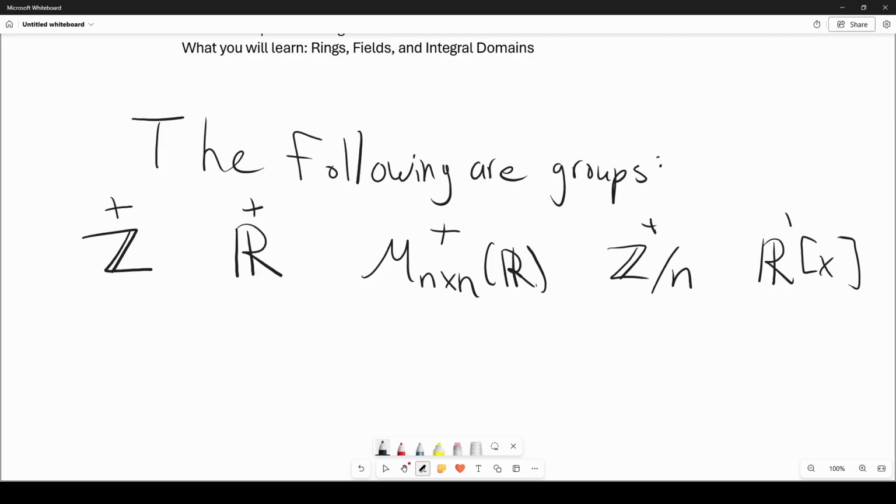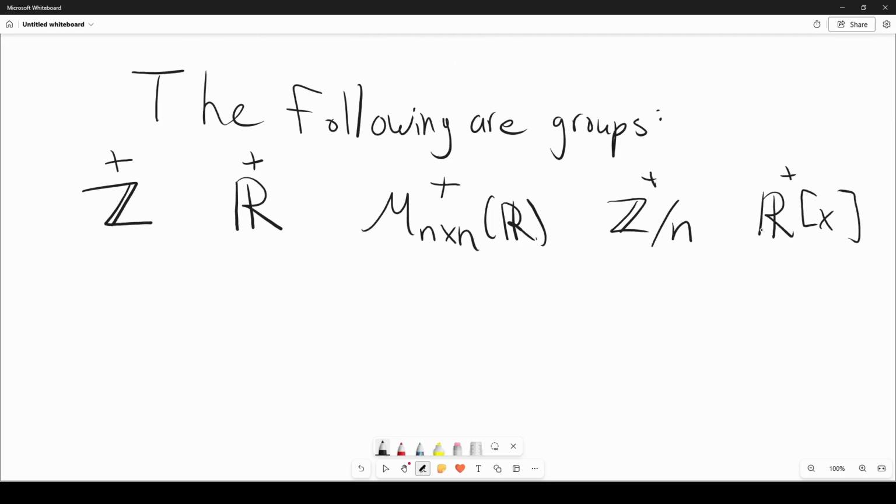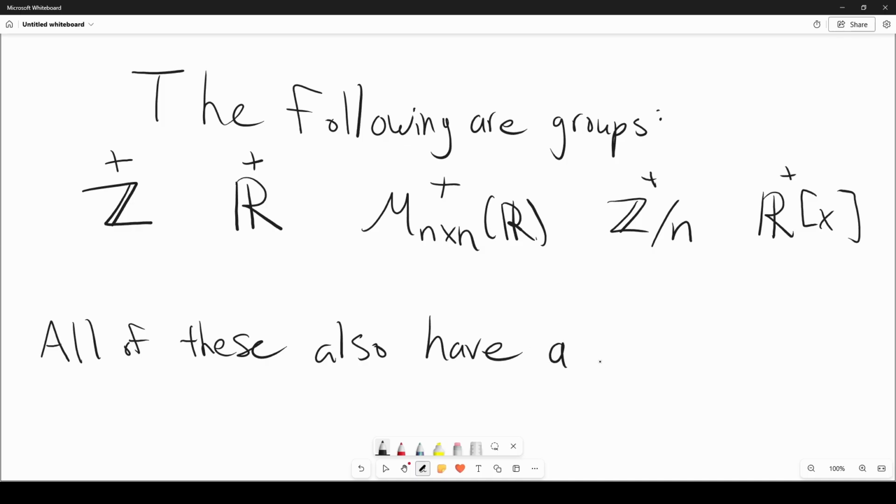But when you think of all of these objects, you usually think of another operation on top of them. In fact, all of them also have some notion of multiplication. So all of these also have a times operation alongside the addition operation.